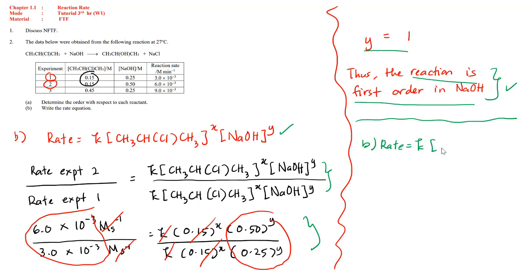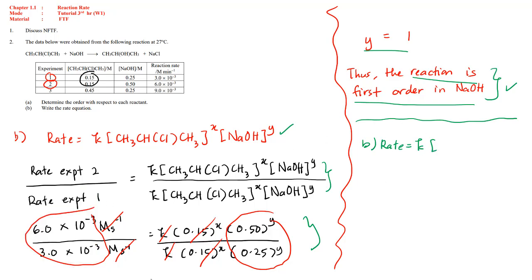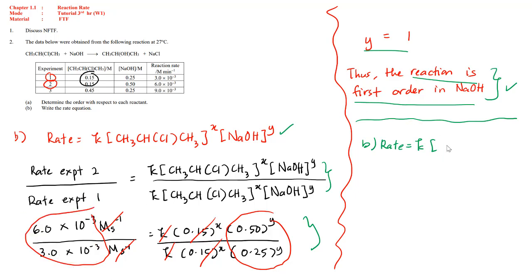So, rate equals K times concentration of 2-chloropropane. Since it's first order, no need to write power of 1. Times concentration of sodium hydroxide. The same, this one is also first order, no need to write power of 1.